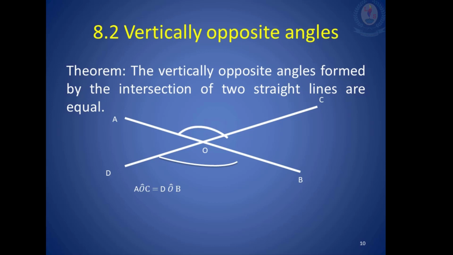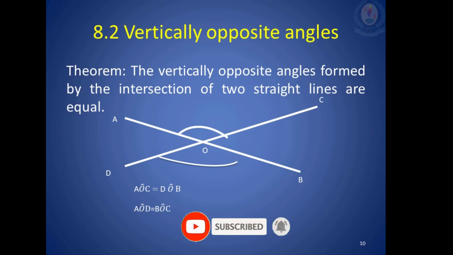Similarly, angle AOD and angle BOC lie on opposite sides of O, which is the common vertex of these two angles. Therefore, angle AOD and angle BOC are also a pair of vertically opposite angles.